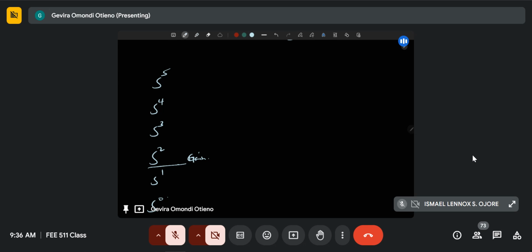The row that gives you the imaginary crossing is the immediate even row above the row that gave you the gain. So this row gives us the gain. The immediate row above it is an odd row, so we ignore it. We use the even row. So it will be s to power 4 that needs to give us the j omega axis crossing.